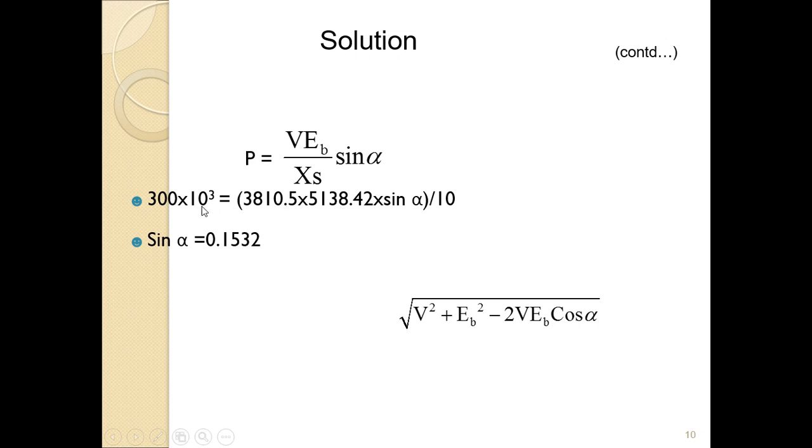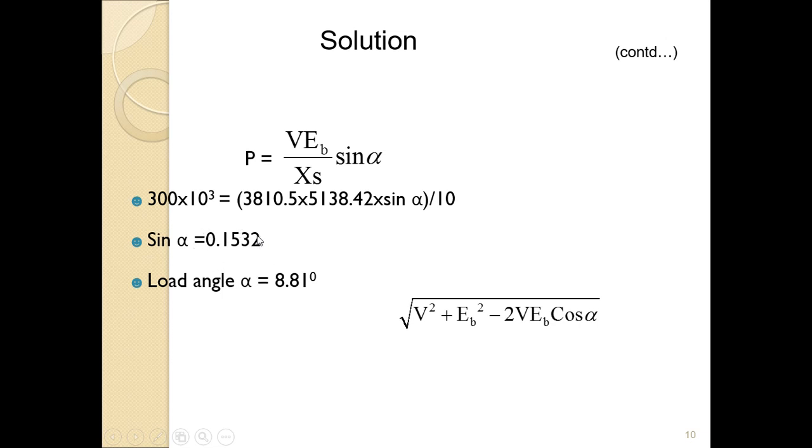This is one equation and one variable, that is sine alpha. From this, sine alpha is equal to 0.1532. To get the alpha value, alpha is equal to sine inverse of 0.1532.